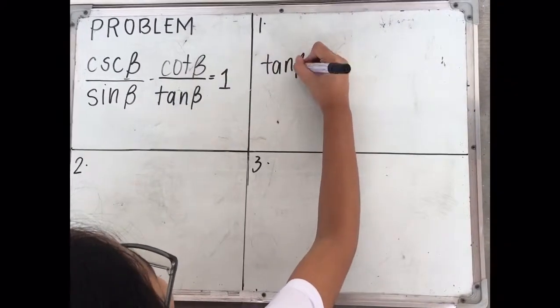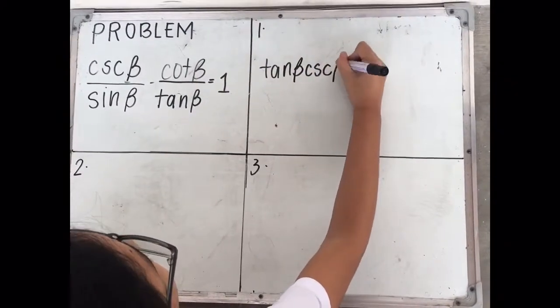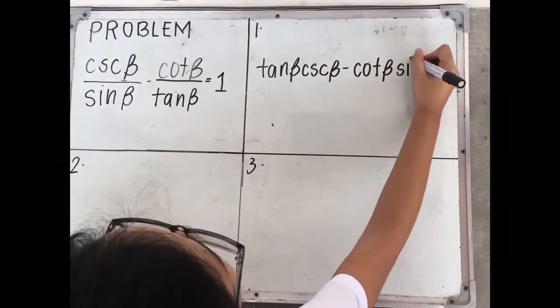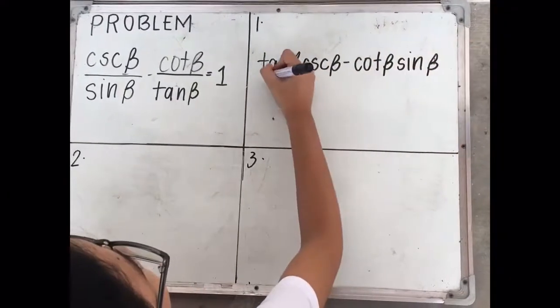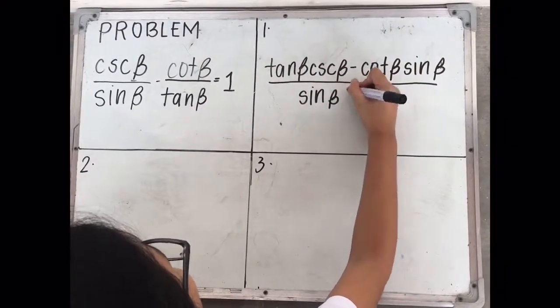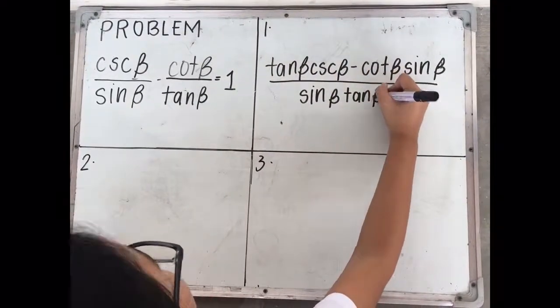So tangent beta and cosecant beta minus cotangent beta and sine beta over sine beta and tangent beta.